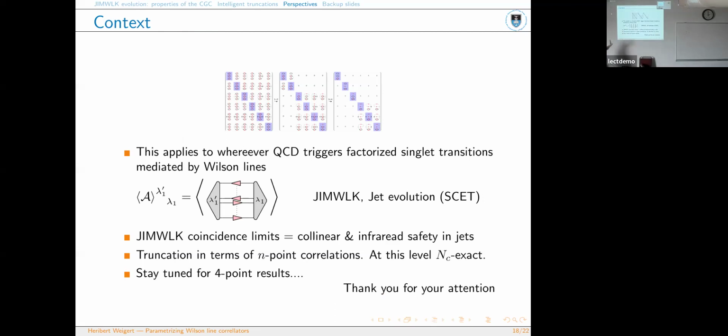Where this applies, and this is my last slide, is all situations where I get Wilson lines in the game. So this is in small-x, and also surprisingly, maybe in a totally different, right? This is a scattering situation. These Wilson lines also appear in jet production cross sections.